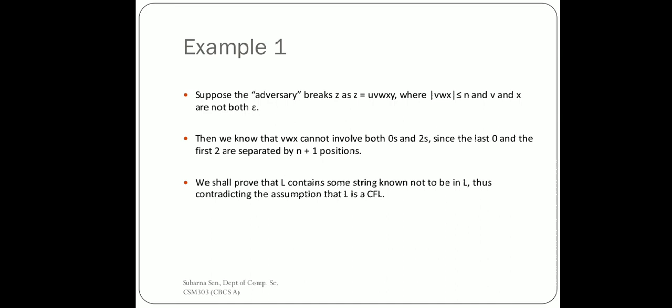So in this situation, can you say that vwx can have both zeros and twos? It is not possible, because the string starts with 0 and ends with 2. So everything cannot be within vwx, right?